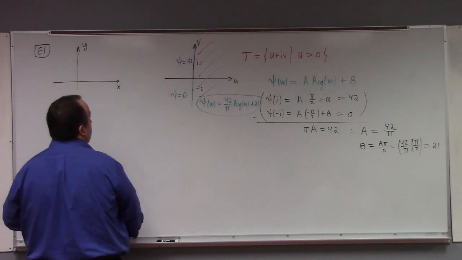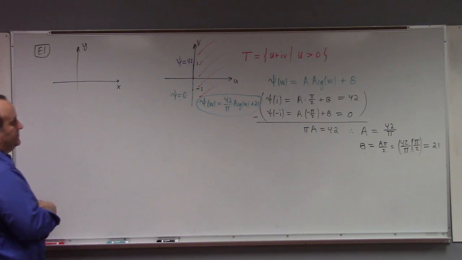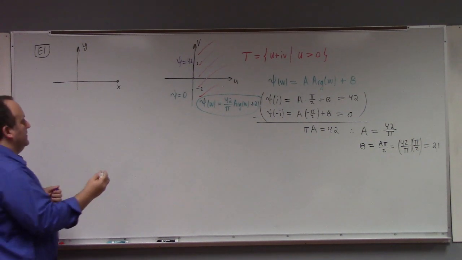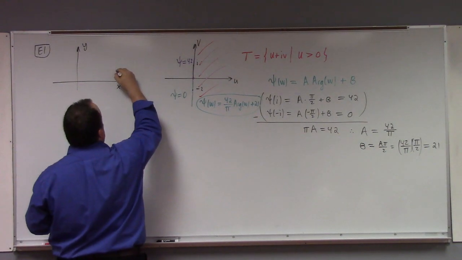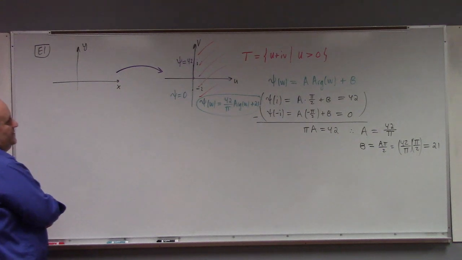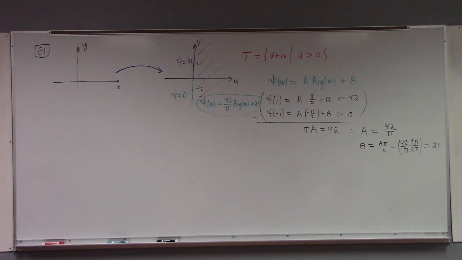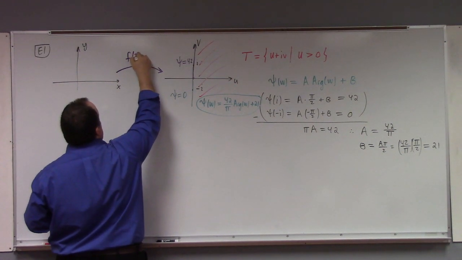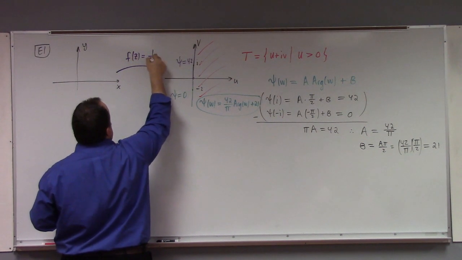Now, we can take any map you like, going from here to here, and then to make it most interesting, perhaps we should, I guess we could try the reciprocal map, see what that does. That's probably going to do something kind of funky. Like, what is f of z equal to 1 over z? What's that do?